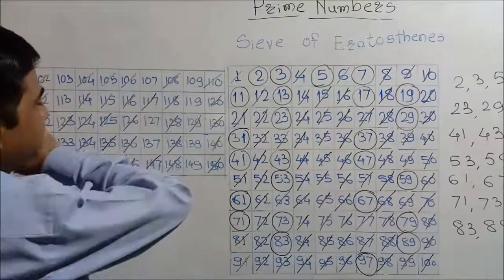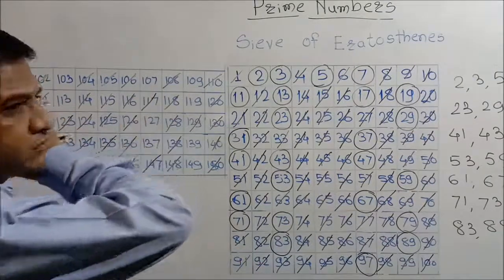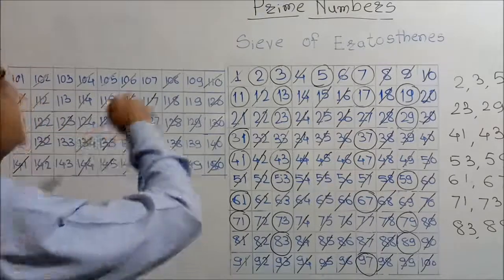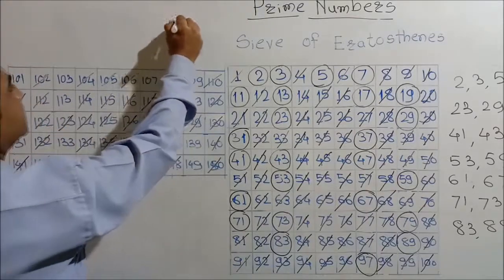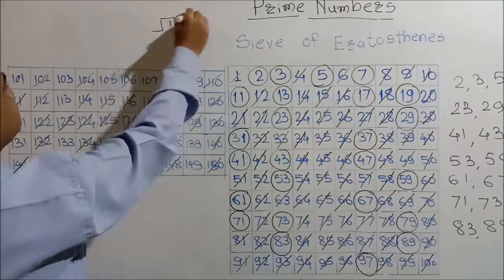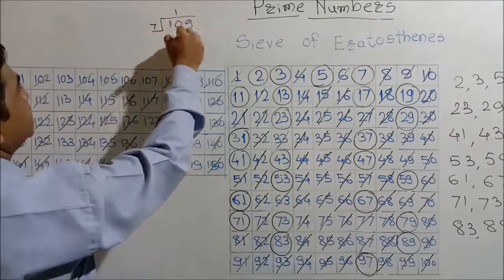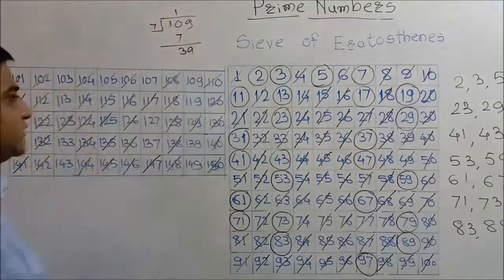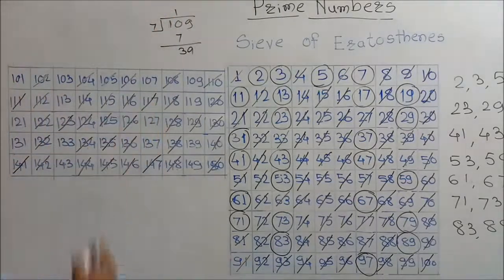So it cannot be divided by 7. What about 109? Can it be divided by 7? Let us try it. So 109 divided by 7. 7 1 is 7. What remains is 39. And 39 is not in table of 7. So it's not divisible by 7.